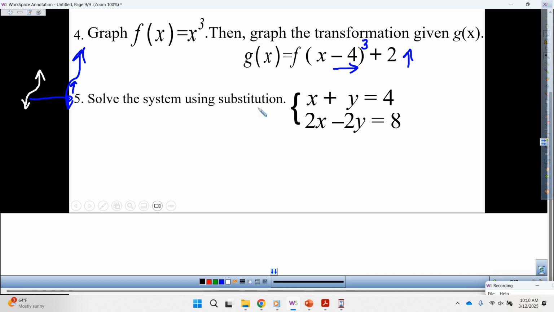And for this one, once again, let's use elimination just to practice what last night's homework was. Guide me through this one for elimination. I want to stay with Joseph. All right, Joseph. To eliminate, which one would you like to eliminate, the x or the y?